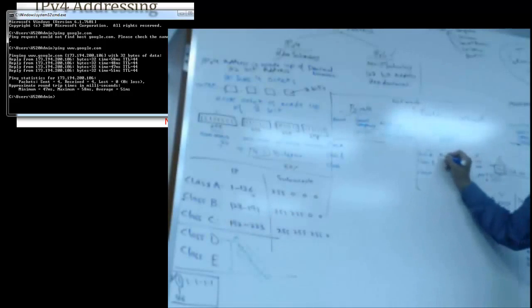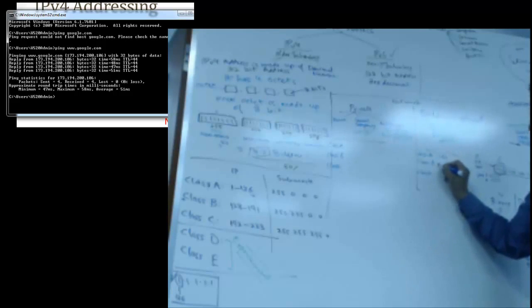Whenever somebody needs an IP address in a public network, they will be offered IP addresses from these ranges. So here I can write 128, 191, 192, and 223.